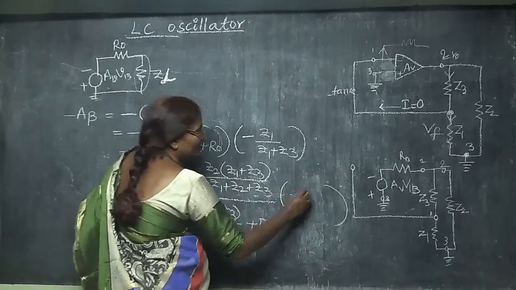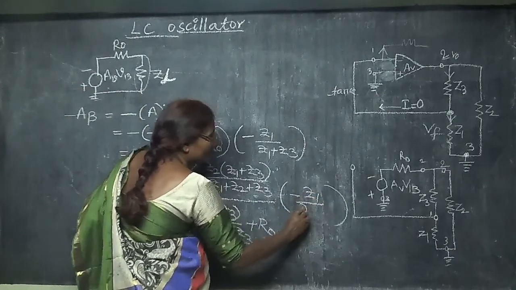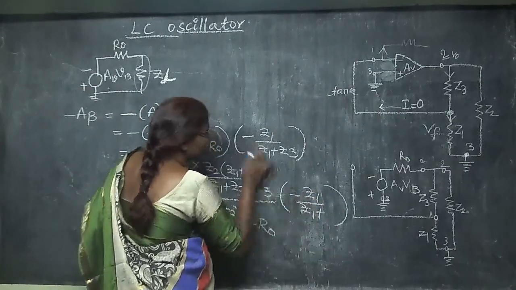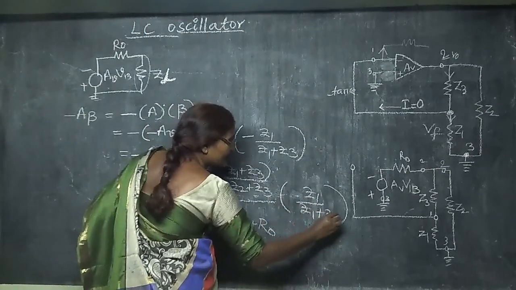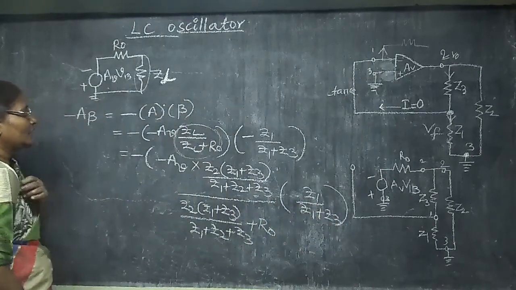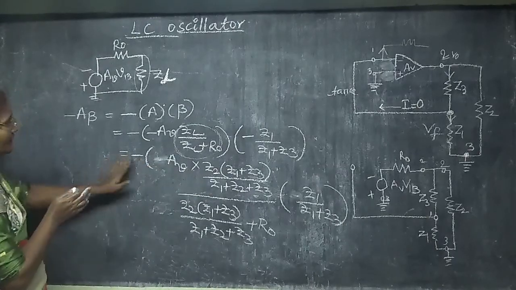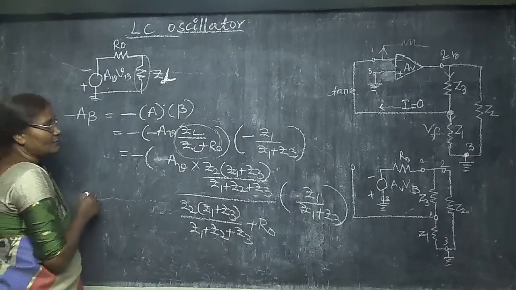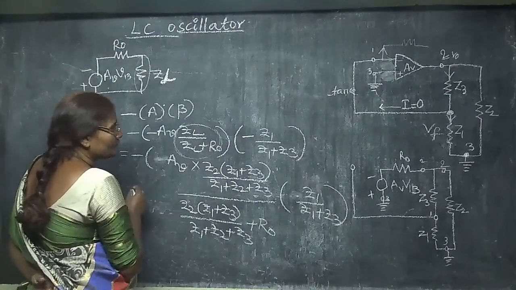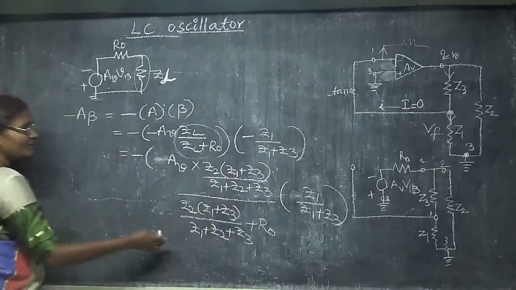Next, into minus Z1 by Z1 plus Z3. The minus into minus is gone, only one minus is left. Now I will simplify this.